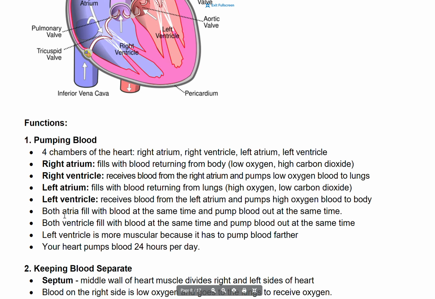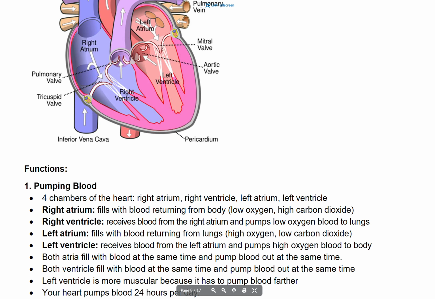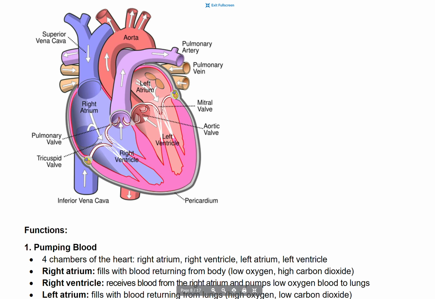Both atria fill with blood at the same time and pump blood out at the same time. So your heartbeat sort of has two parts, like the lub dub, boom boom, boom boom, right? The first beat of your heartbeat is the one that's sort of fainter, is your atria contracting, right?